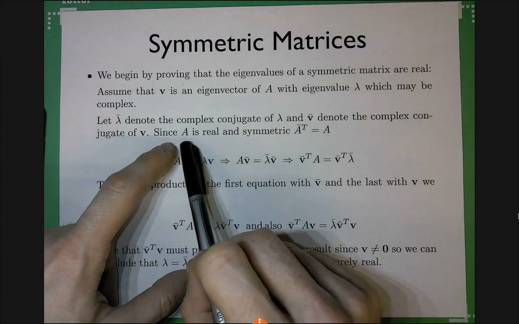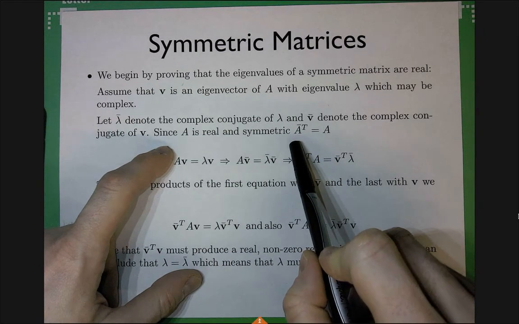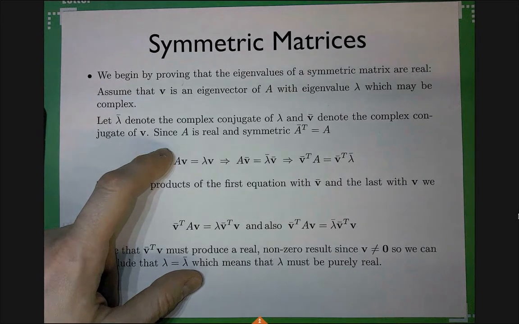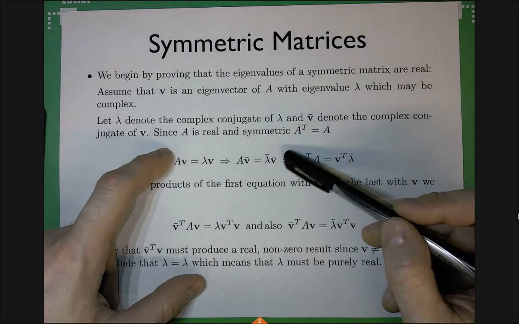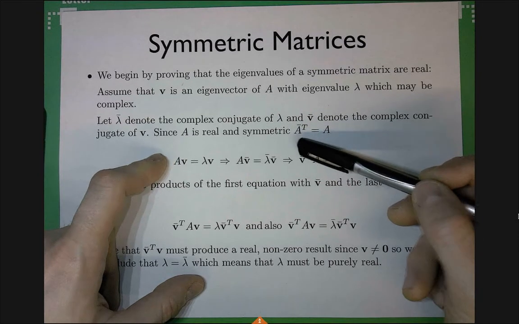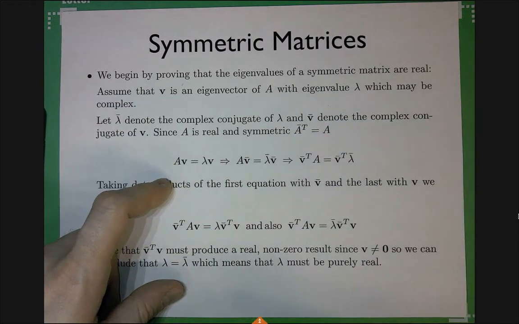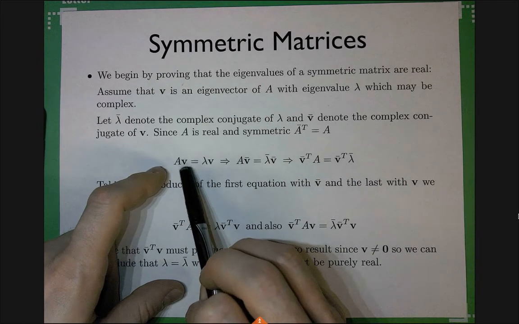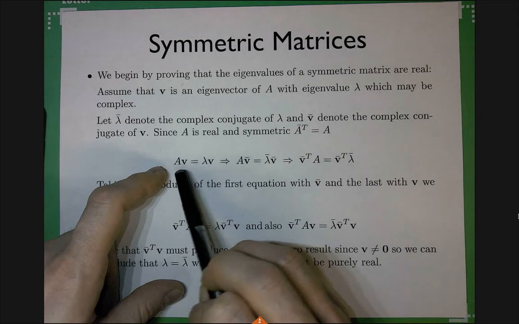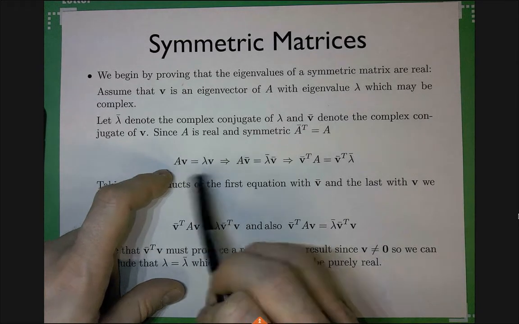And because A is real and symmetric, it doesn't change if we conjugate it, because conjugation only affects the complex part. If the complex part is 0, it doesn't care about the conjugation, and it also doesn't care about transposition because it's symmetric, right? So we know that this is true. We start with the equation of the eigenvalue and eigenvector. Because v was an eigenvector of A and lambda was the eigenvalue, this is true.